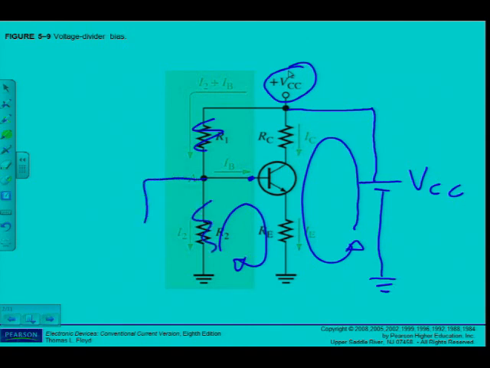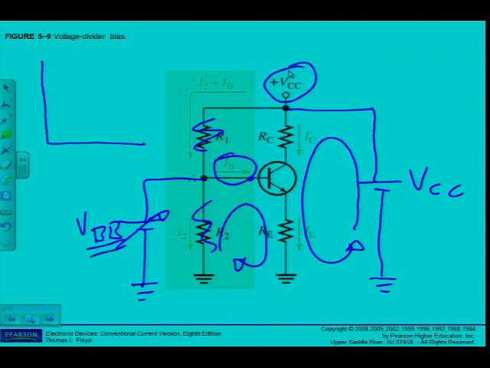I had a separate supply here, VBB, and most recently we had an adjustable power supply there. And as I adjusted this voltage, I could adjust IB. So that's how I determined, remember, my characteristic curve of IC against VCE.